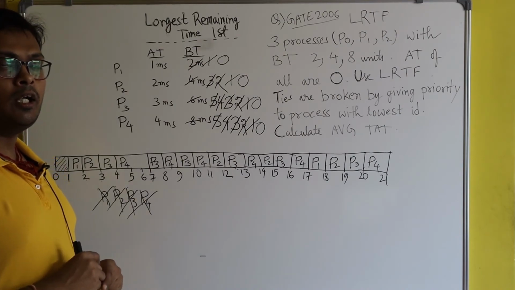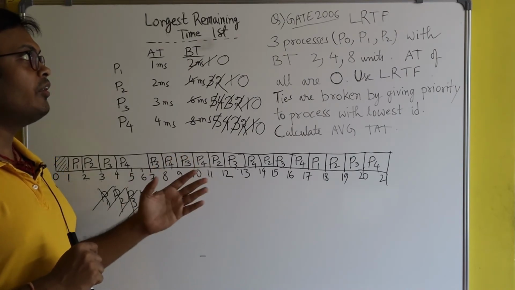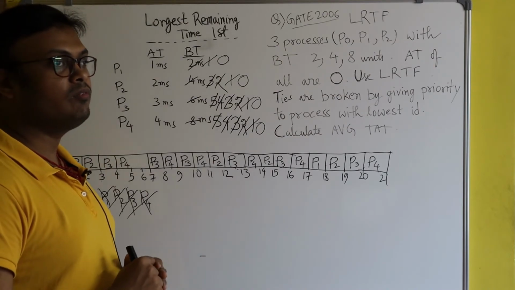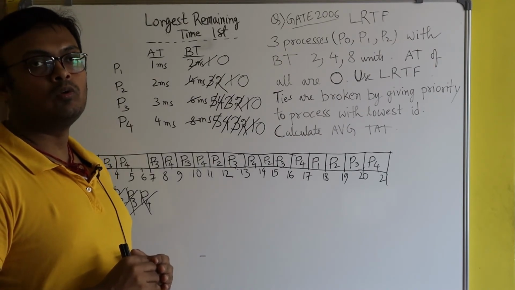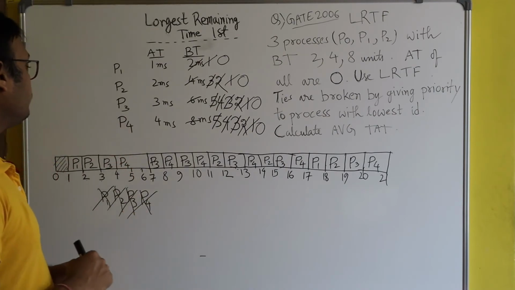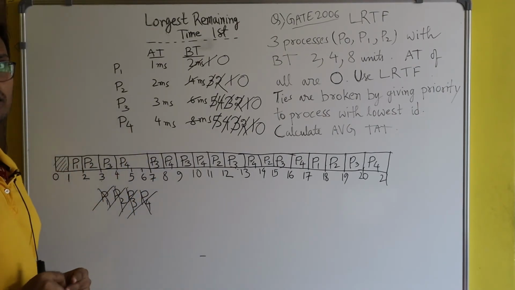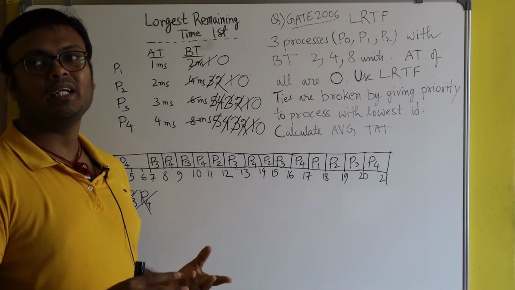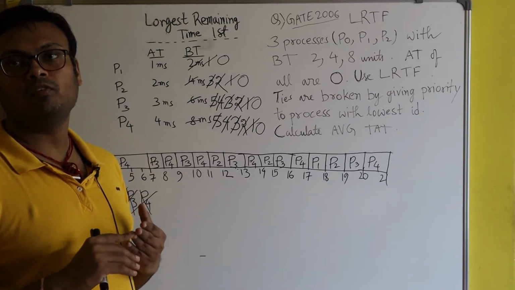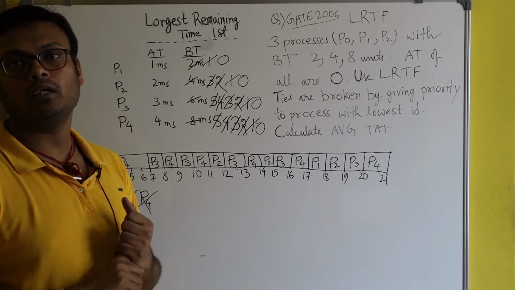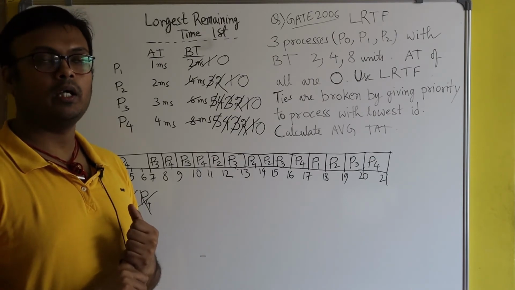If it had been a different algorithm like shortest remaining time first, then process P4 would not get the CPU so early. So it's regarding response time. Here process P4 has started responding early.